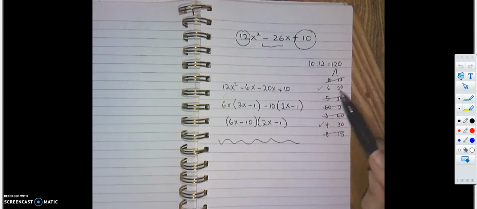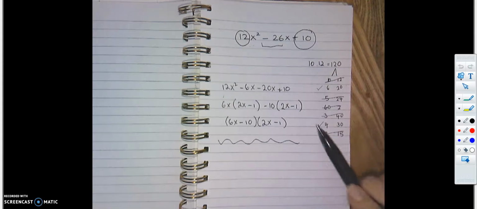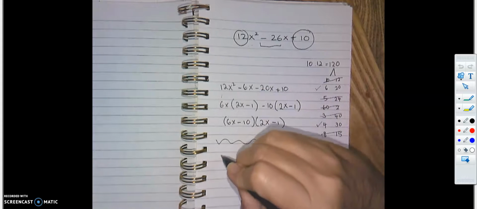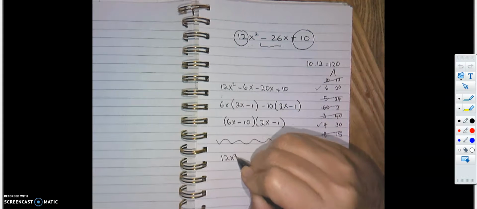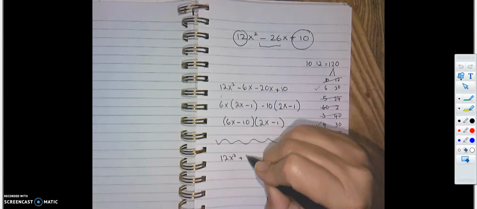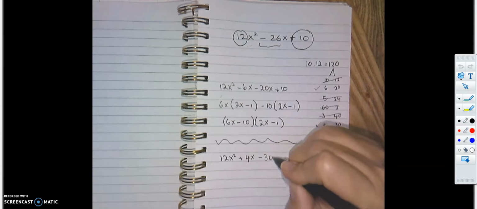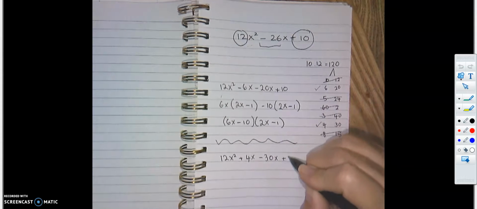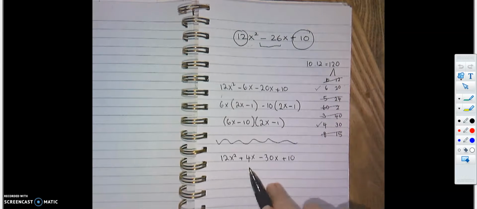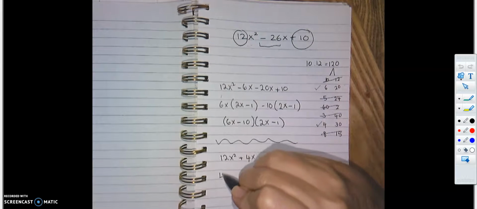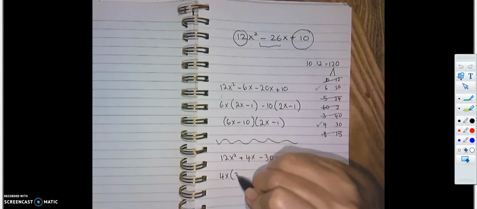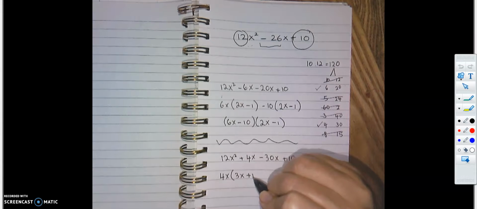If, however, we had not copied this one and we'd only seen this one, and we'd rewritten it as 12x squared plus 4x minus 30x plus 10. When we go to group them, you'd see what they have in common, you take out your 4x. You'd be left with a 3x plus 1. You'd rewrite your 3x plus 1.